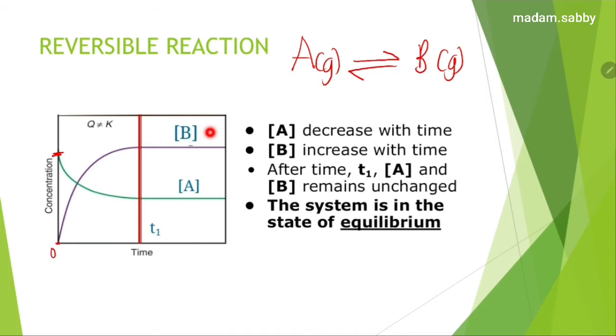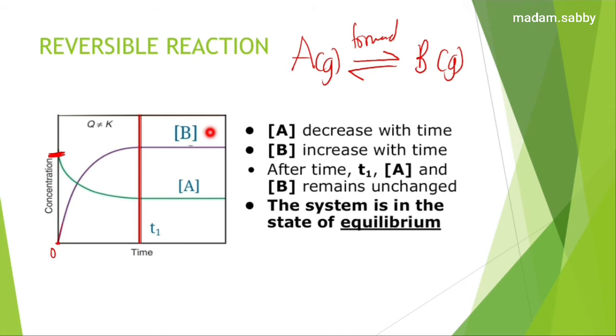The reaction proceeds in the forward direction, where my initial concentration of A starts to decrease after a certain period of time because we start to produce B. So the concentration of B increases slowly from 0.